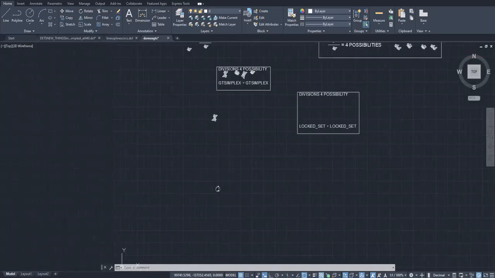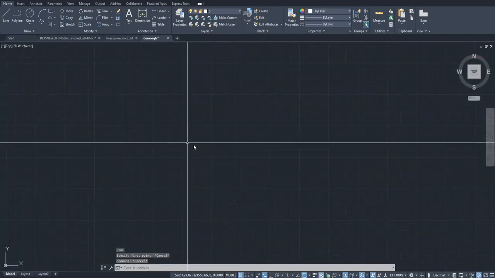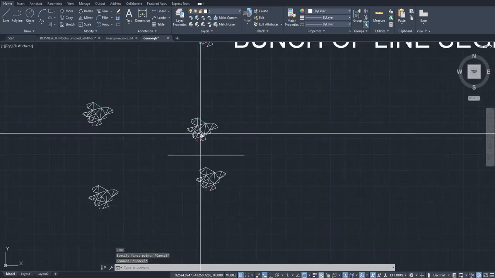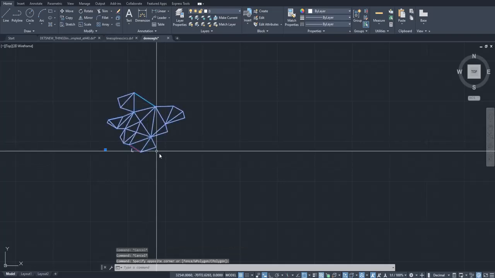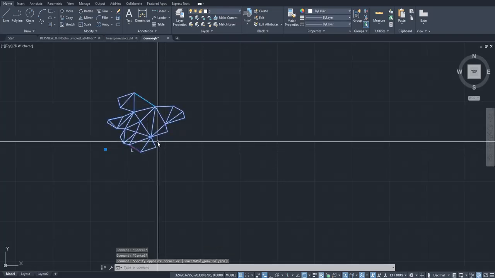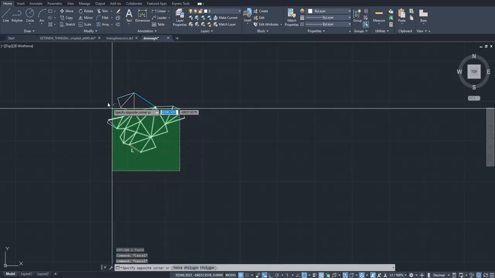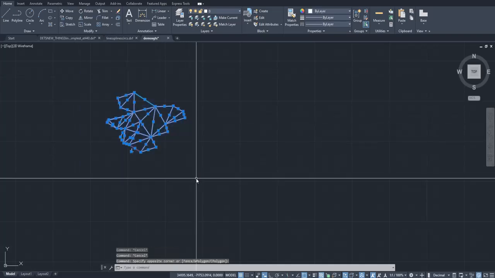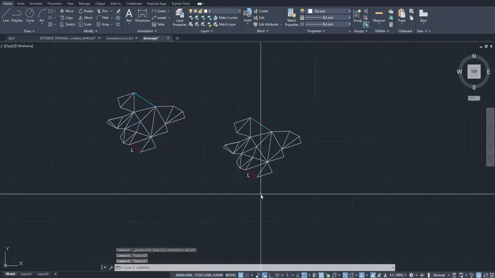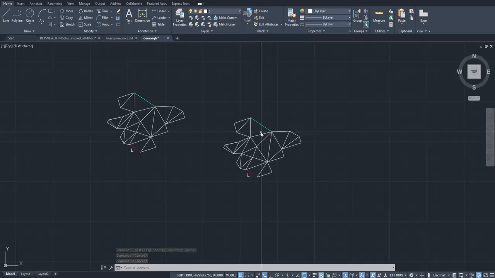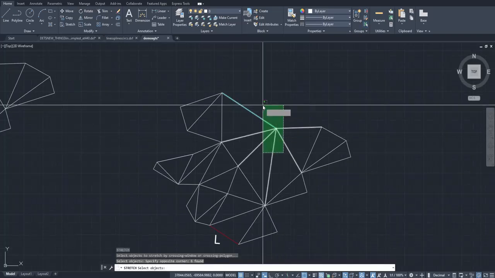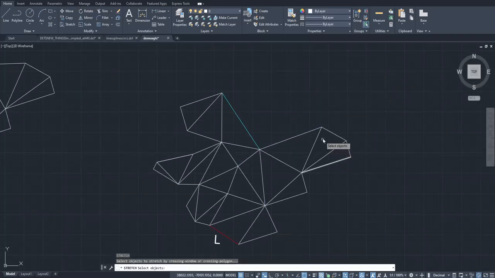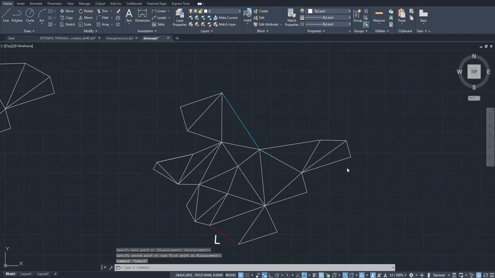Now say we have a similar bunch of line segments here. Now we have this bunch of line segments, and suppose we are exploding it. Now we are taking another bunch of line segments which has the output line segment not here. Say this is due to the stretch command, it is like this, and another due to simplex was like this.